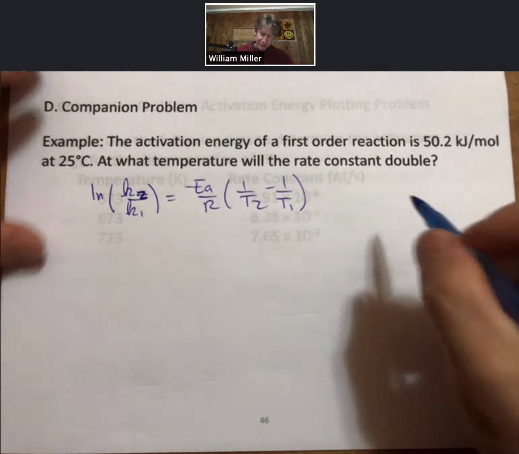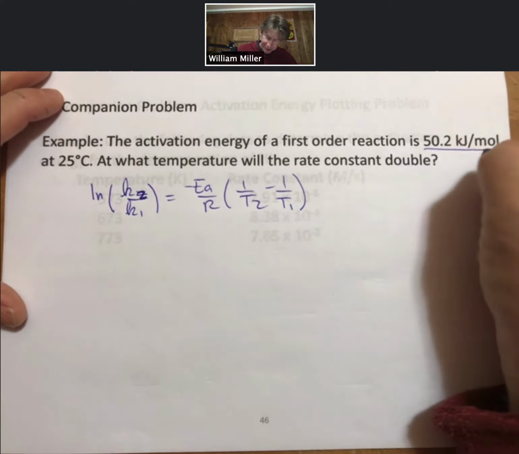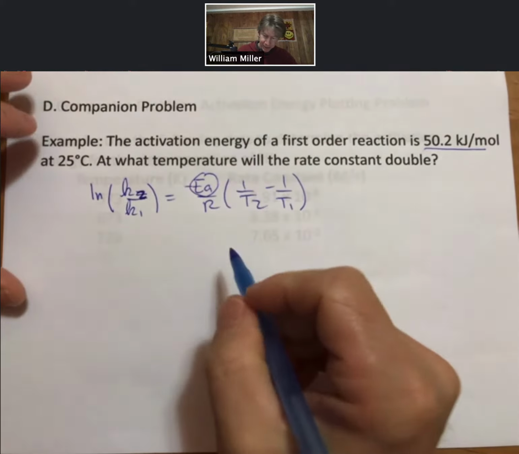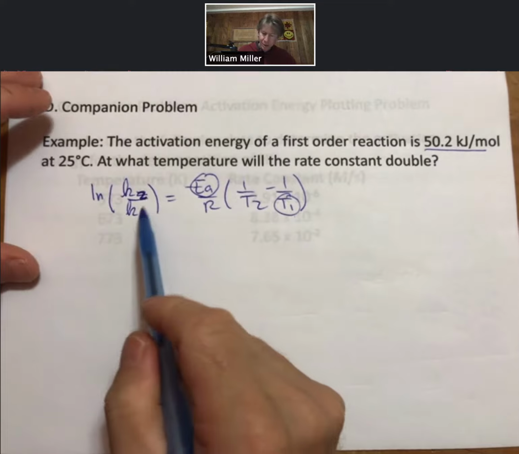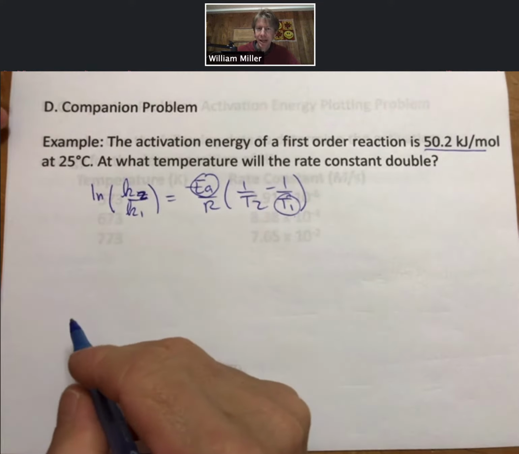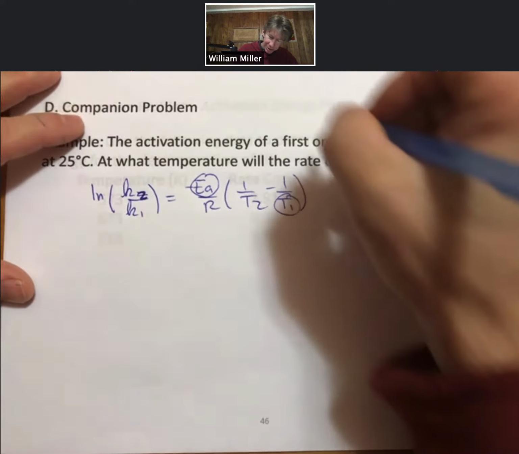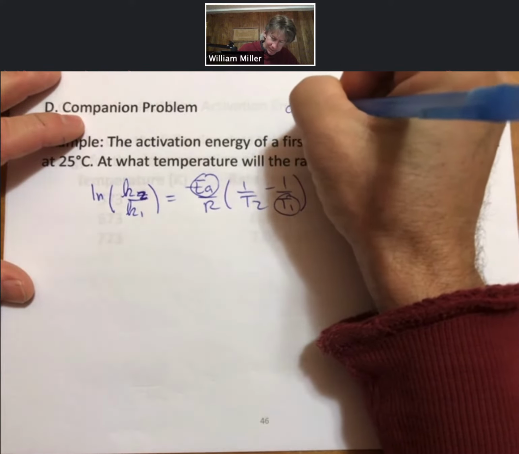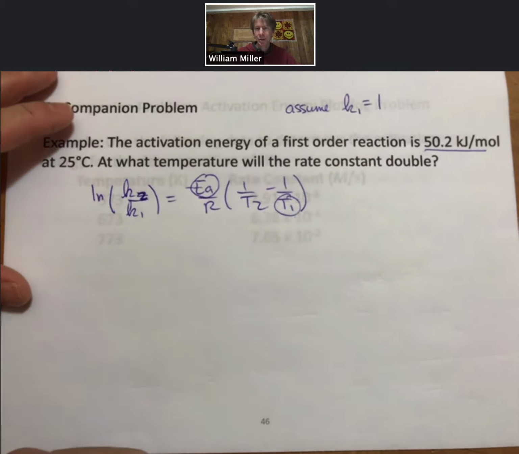And what we're going to do is, so it's a pretty general question. We know our activation energy, good. We know our temperature 1, good. And we don't have a value for either K1 or K2. And so what I'm going to do is I'm going to assume K sub 1 equals 1.